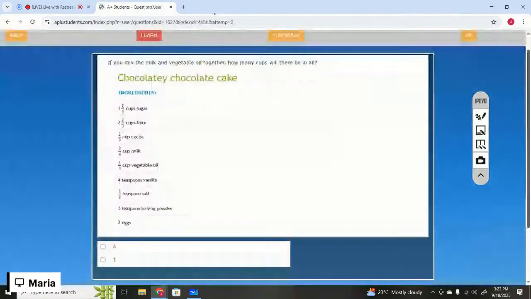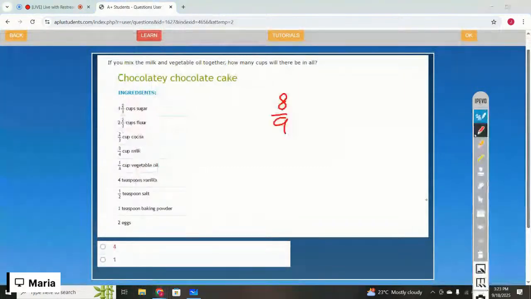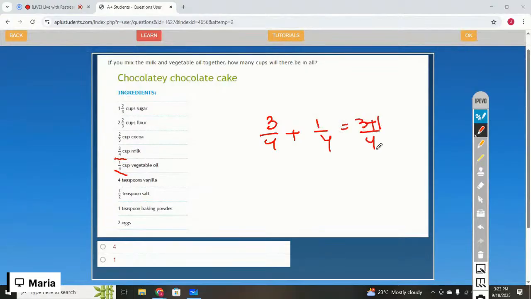If you mix the milk and vegetable oil, how many cups will there be in all? Milk is 3 by 4 and vegetable oil is 1 by 4. So 3 by 4 plus 1 by 4. Add 3 plus 1. 3 plus 1 is 4, so 4 by 4. Option number 2 is the correct option.